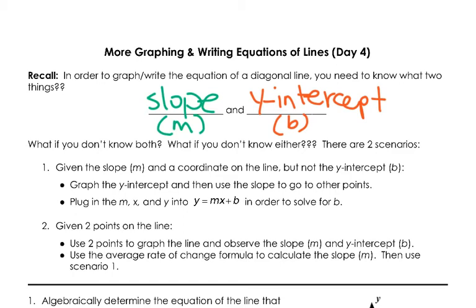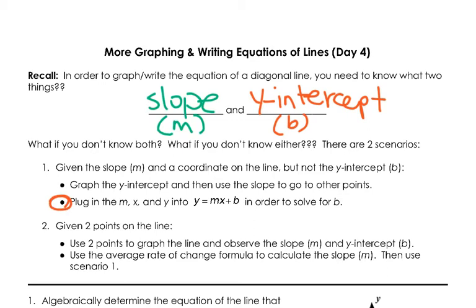Well, there are two different types of scenarios. One is if you're given the slope and a coordinate on the line, but not the y-intercept. You could plug in the m, x, and y into the equation in order to solve for b, right?